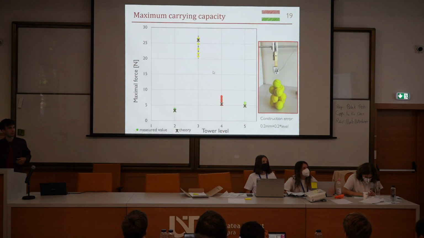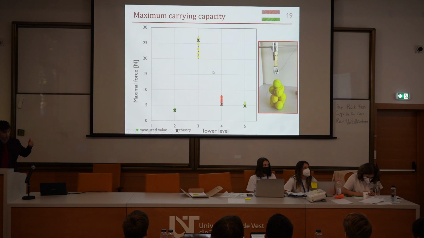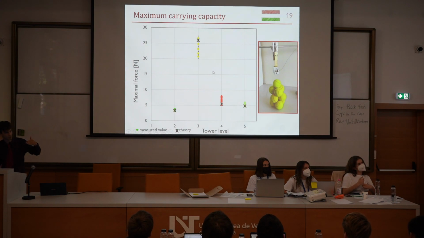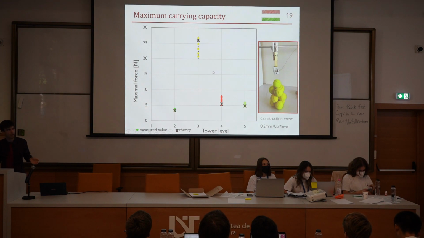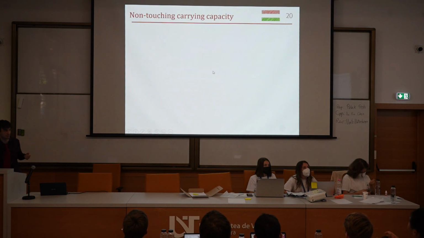Now, let's look at the structures when higher level towers are put under this carrying capacity test. What we see here is that the three-level tower actually has a significantly higher carrying capacity than the lower towers. But to have these measurements correct, we had to introduce a kind of construction error, a distance between the balls as the levels increase, to get reasonable results.